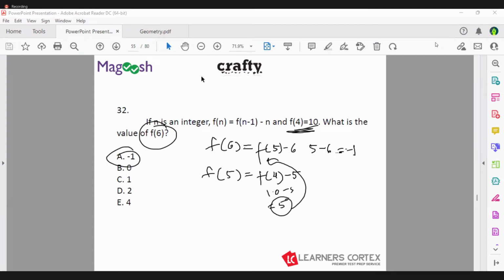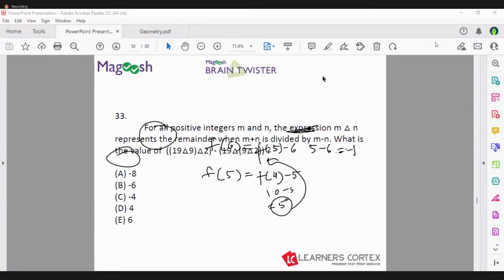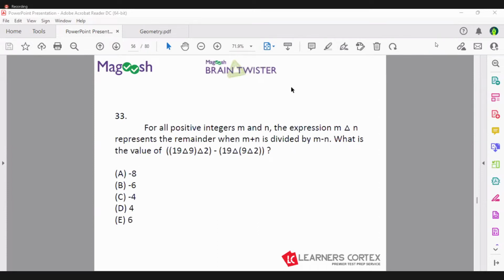Next question we have: for all positive integers m and n, the expression m triangle n represents the remainder when m plus n is divided by m minus n. So basically, if m triangle n is given to you, it means m plus n over m minus n, and whatever would be the remainder of this expression would be the answer for m triangle n.